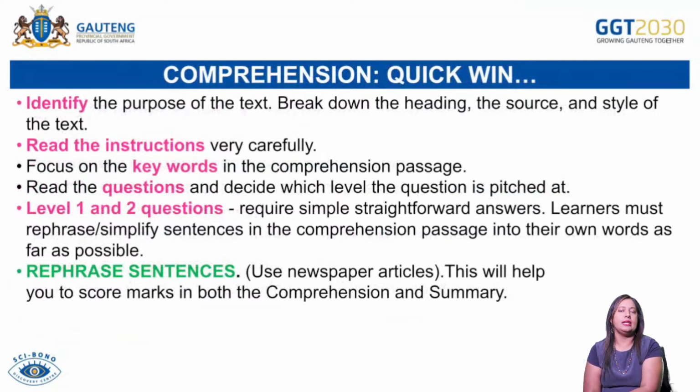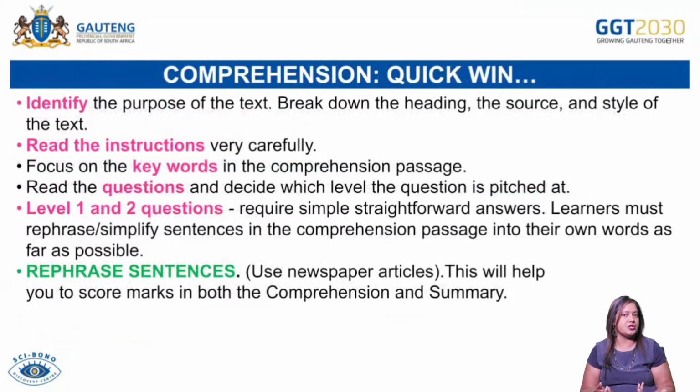Then your level 1 and level 2 questions, your entry level ones, they are straightforward responses that we require of you. So here we're saying, can you simply rephrase the information given to you? Can you reorganize the ideas given to you and then offer a viewpoint on that in your own words? So when we're talking about rephrasing the sentences, to master that skill, pick up the newspaper.